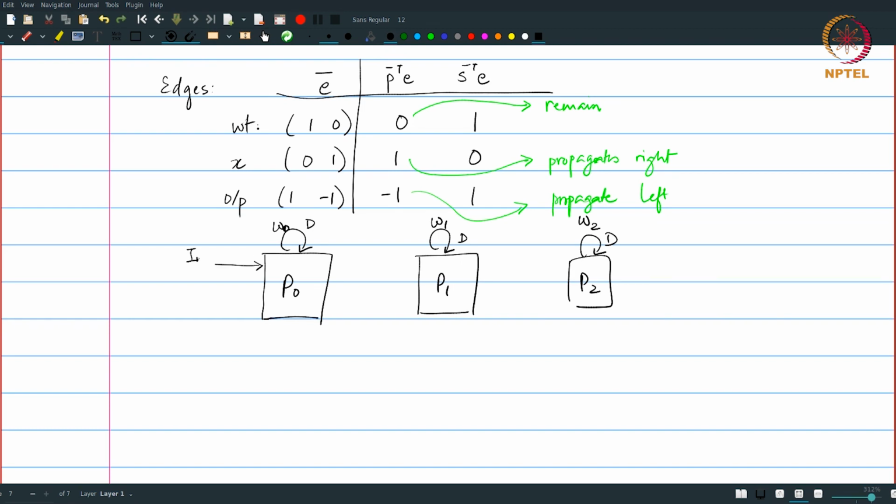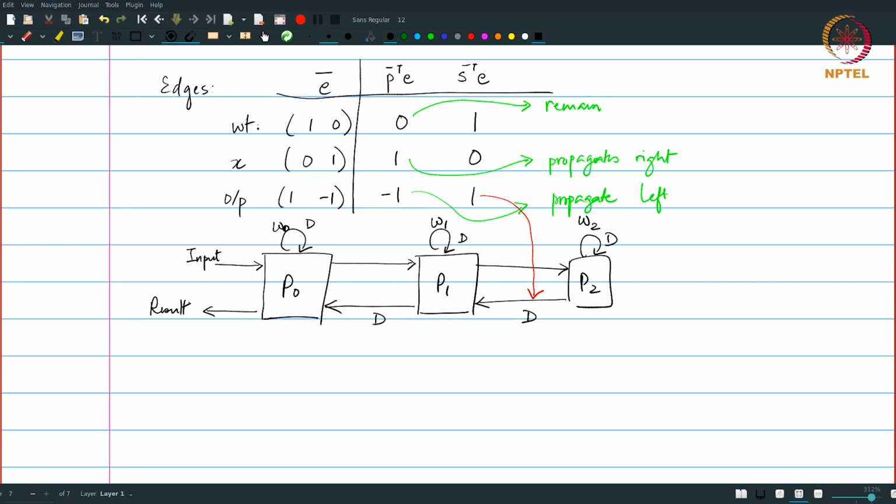The input propagates right, but you will notice that this is without any delays on it now. S transpose E is equal to 0 for the input. The result or output, on the other hand, propagates to the left, but with 1 D. What does this mean?